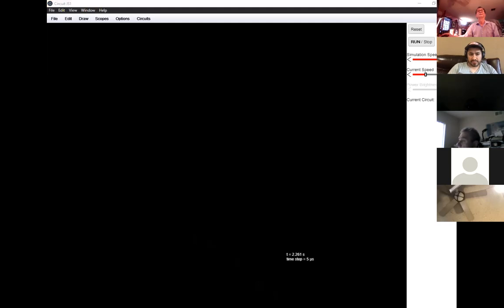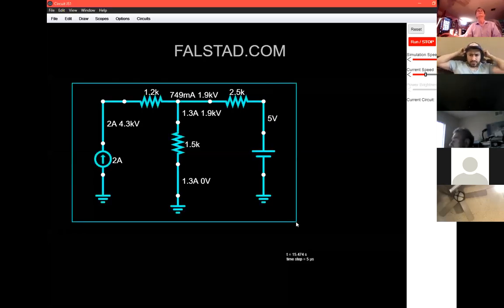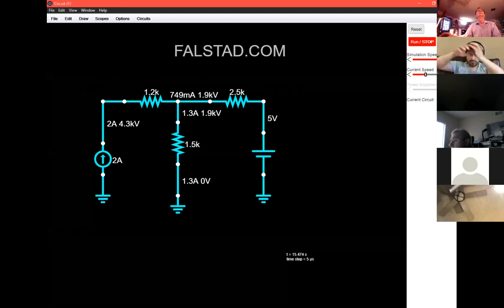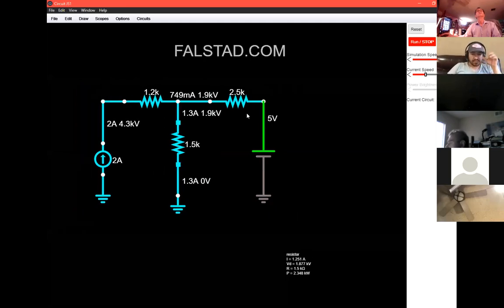So going back to this circuit, hold on a second. This particular circuit, once you have it initially drawn, that's what you see when your whole circuit is selected and you can move it in pieces, right?